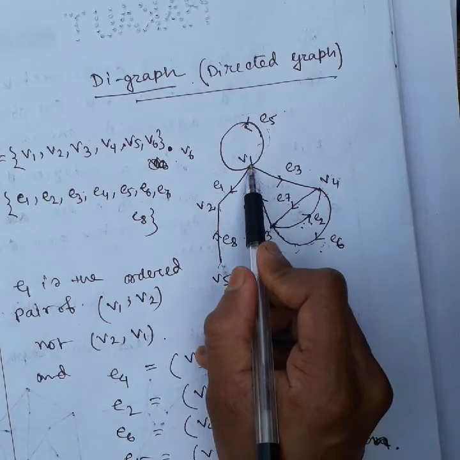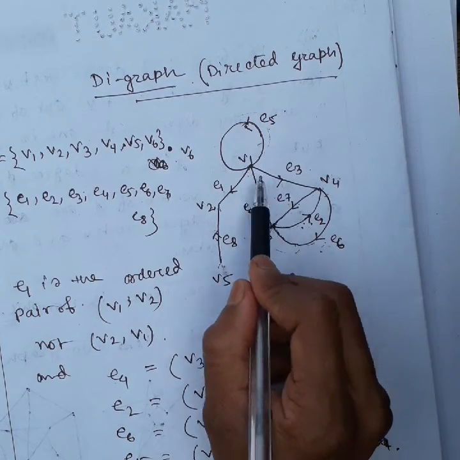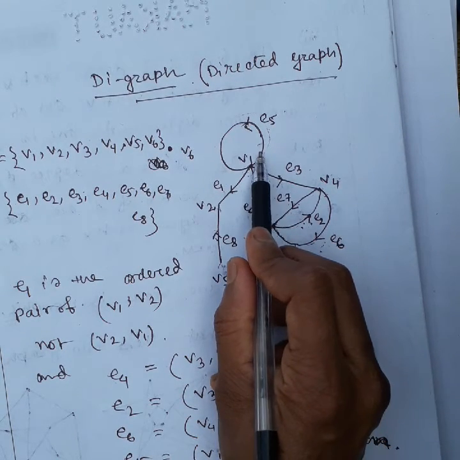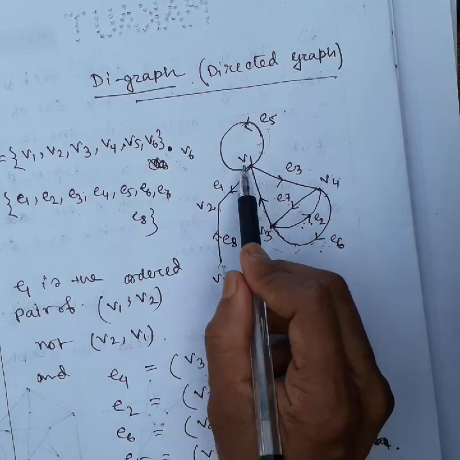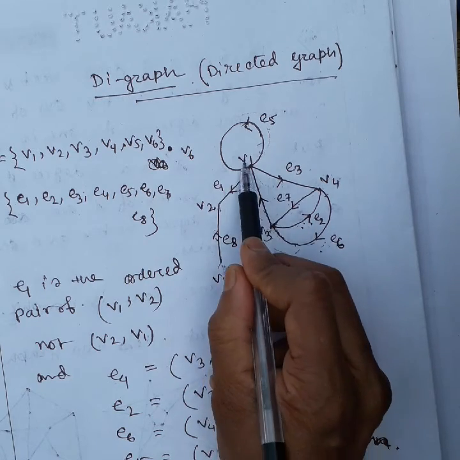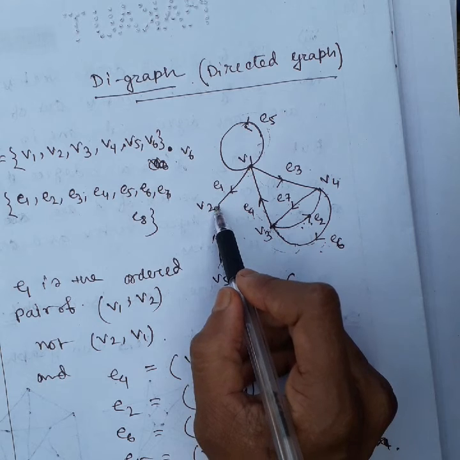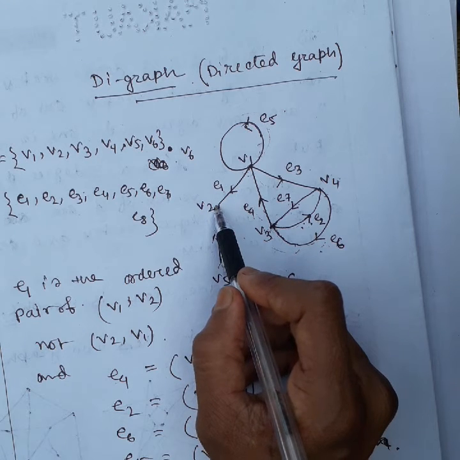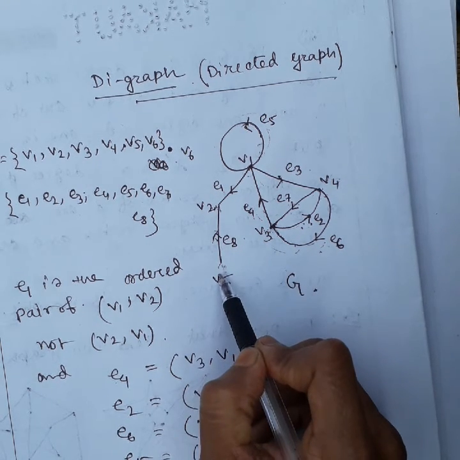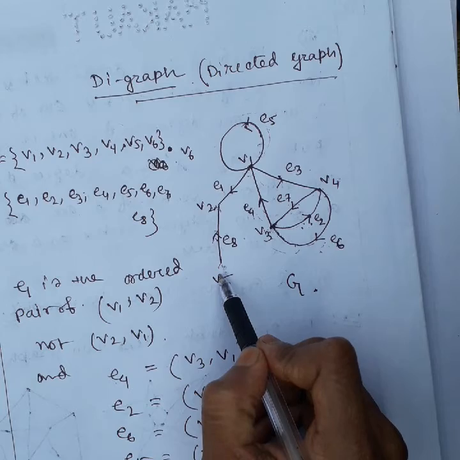In V1, the out degree is 3 and the in degree is 2. Clear? And V2 has out degree 0 and in degree 2. And V5 has out degree 1 and in degree 0.